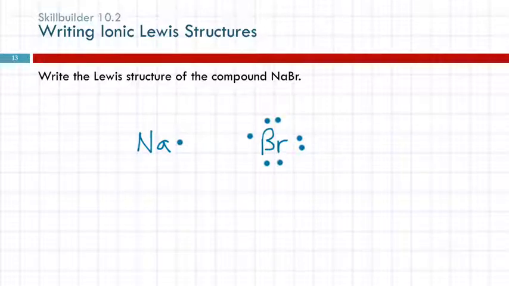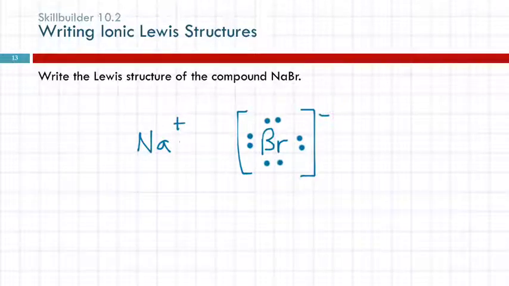So we're going to move this one, just take it away, and put it over here. That gives sodium a positive charge and bromine a negative charge. And so the Lewis structure for an ionic compound is just those two sitting next to each other.